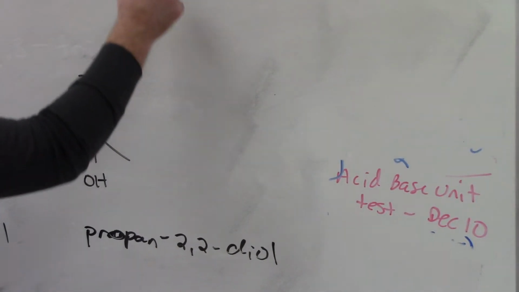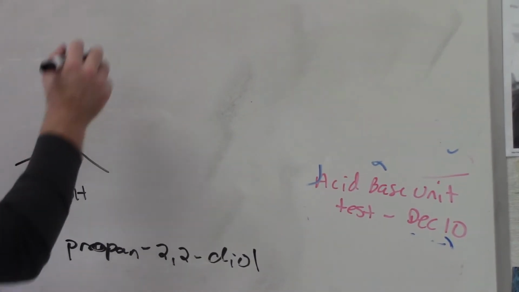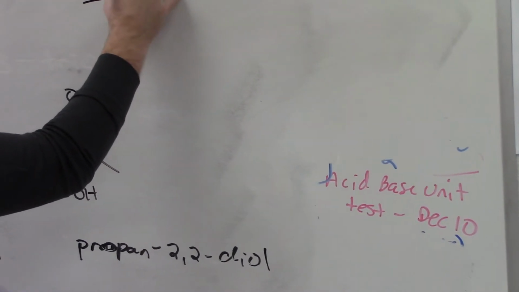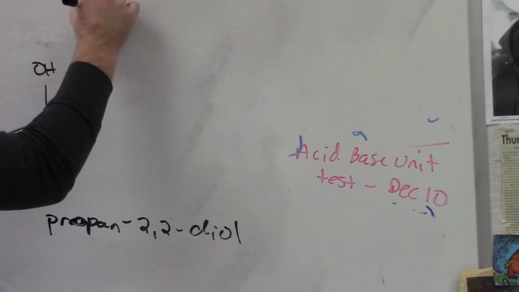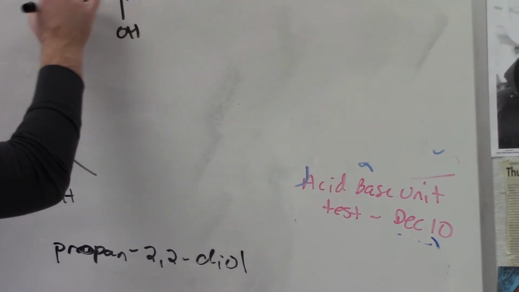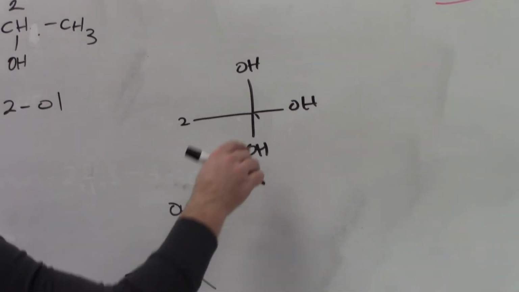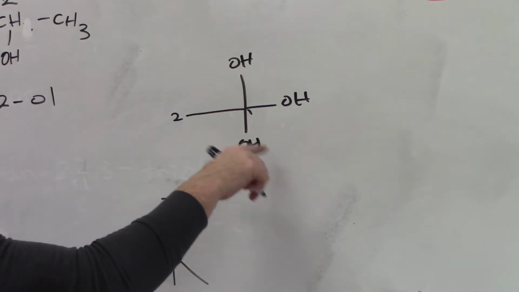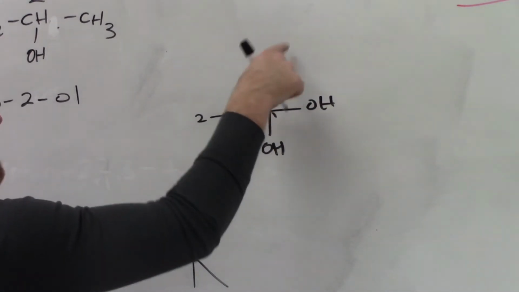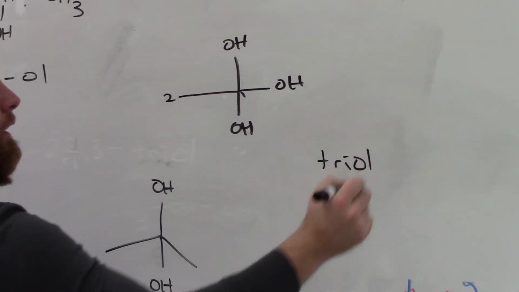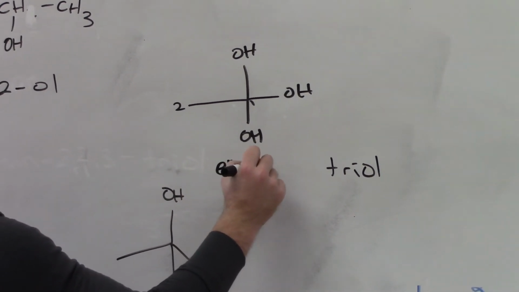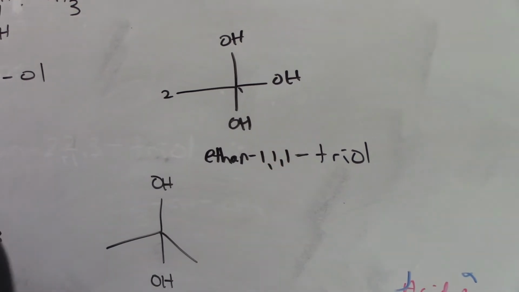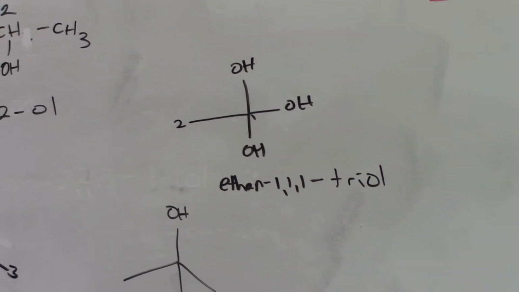Now let's say I give you this one. There's a carbon number 1 here and a carbon number 2 here. So that kind of looks weird, but where the break is where the extra groups are. So this is going to be 3 hydroxides, so that's a triol, and there's 2 carbons, so it's ethan-1,1,1-triol. Okay?